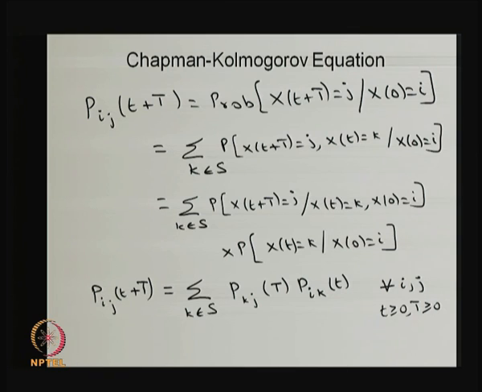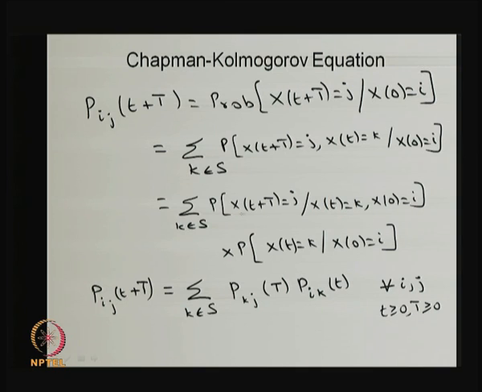I can make one more state k at time point t. For all possible values of k, I will get the same result. That is same as making a summation over k belonging to S, the state space.